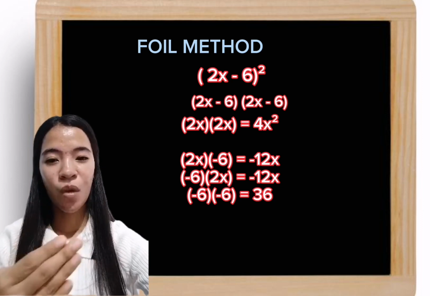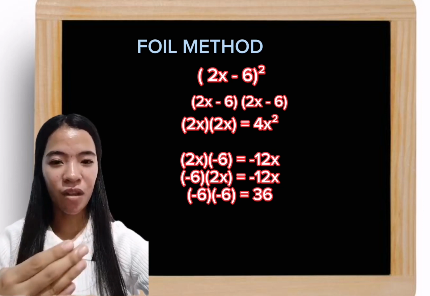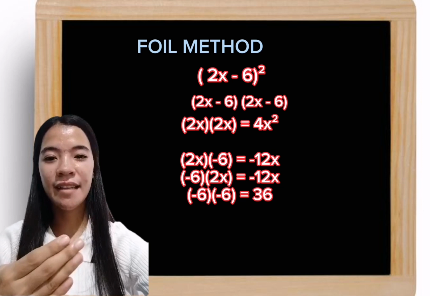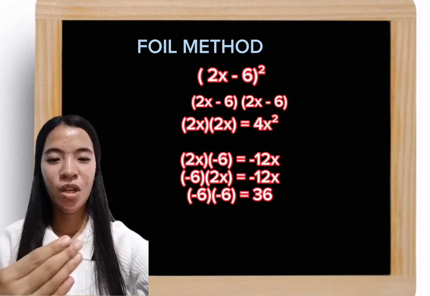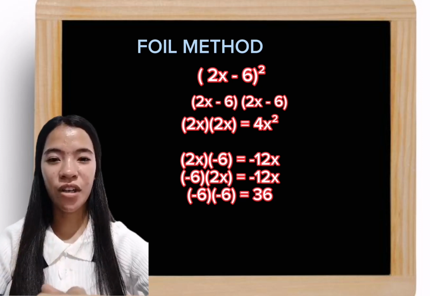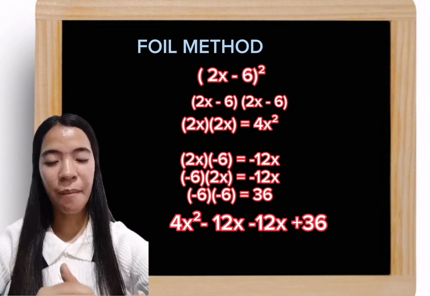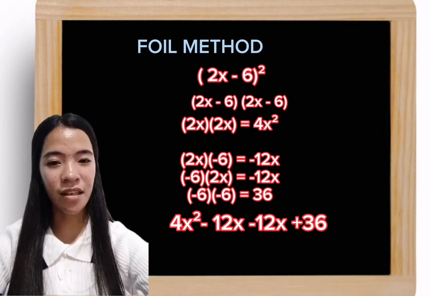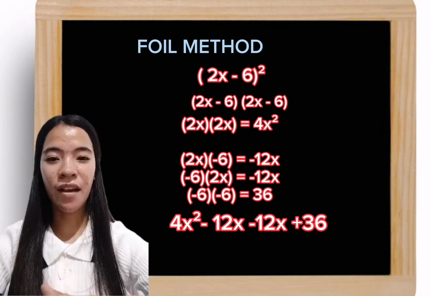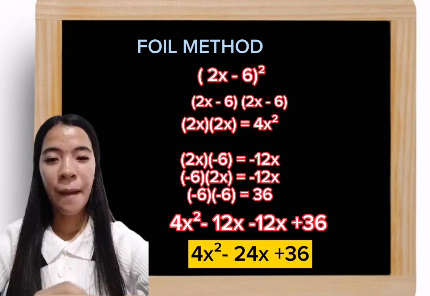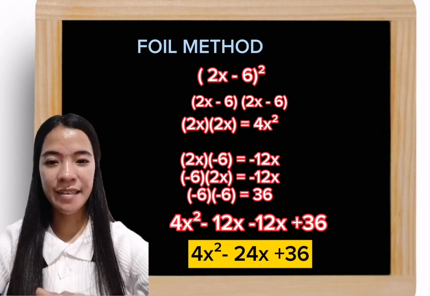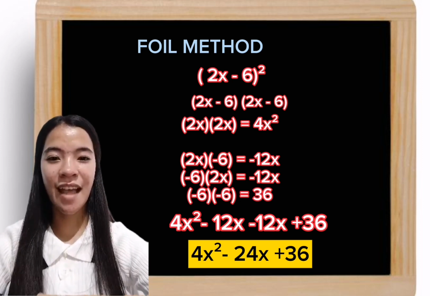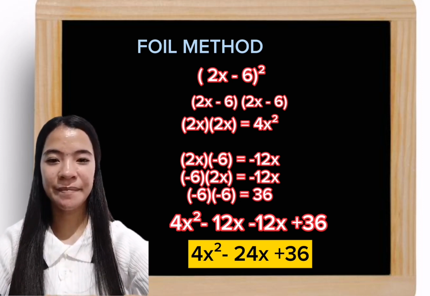So last, we need to multiply the last term to last term, which is negative 6 times negative 6 is equal to 36. So we have 4x squared minus 12x plus 36. And we need to simplify this answer, which now we have 4x squared minus 24x plus 36. And that is our final answer.